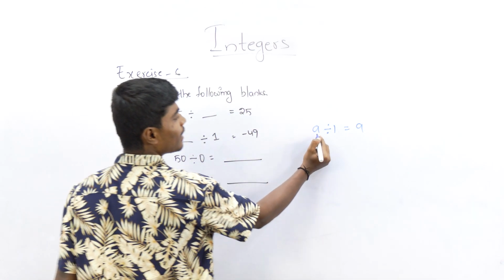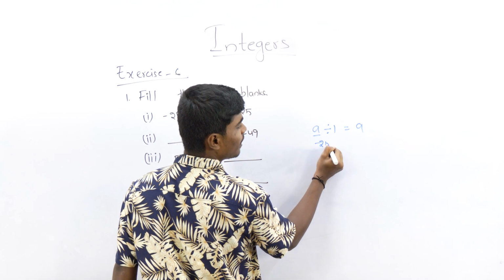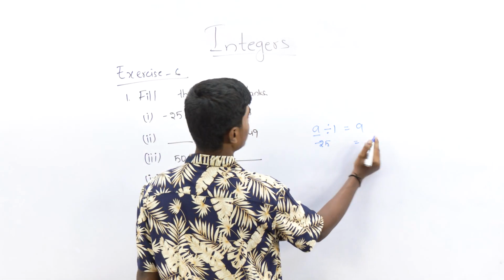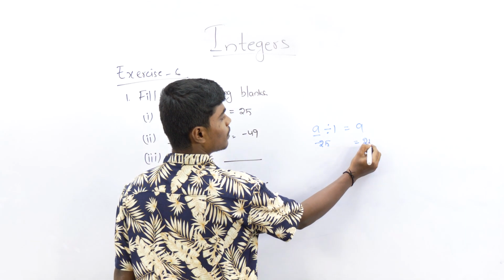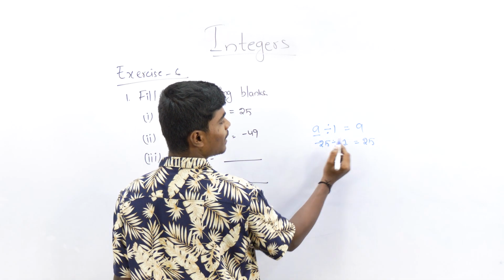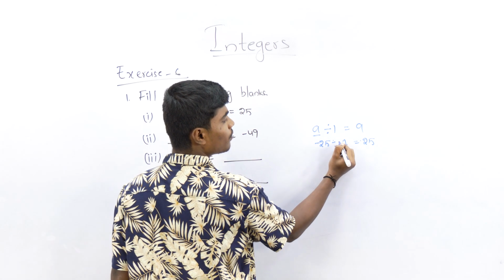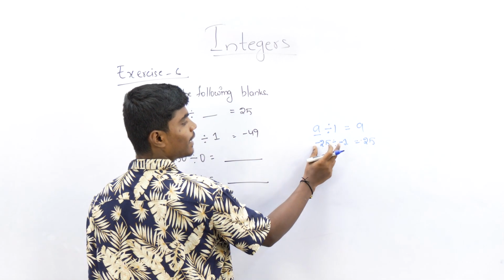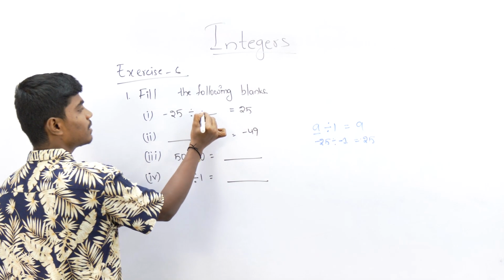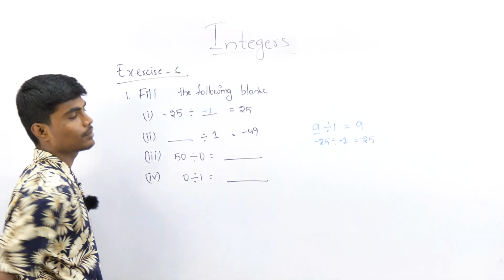Here a is minus 25 and the result is 25. By dividing by 1, we get minus 25, but here the result is positive. So we have to divide by negative. Minus, minus get cancelled and result in plus. So the answer is minus 1.